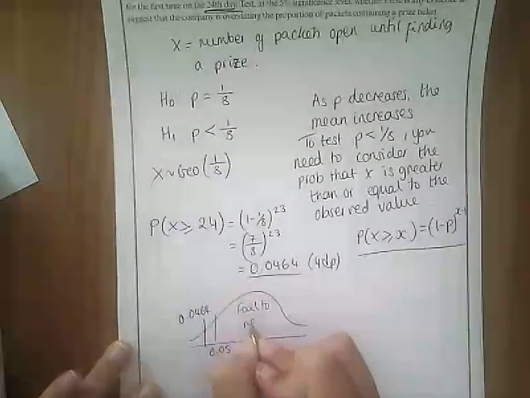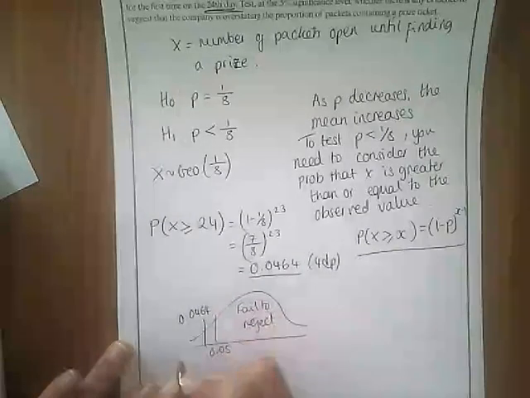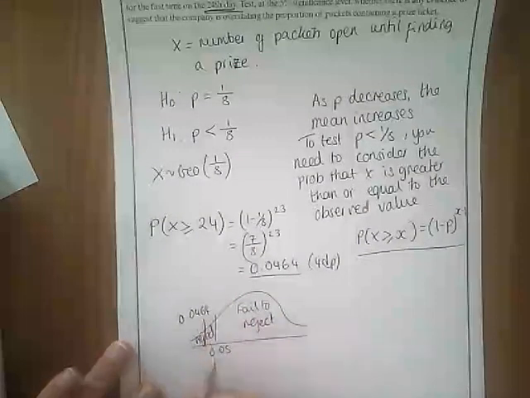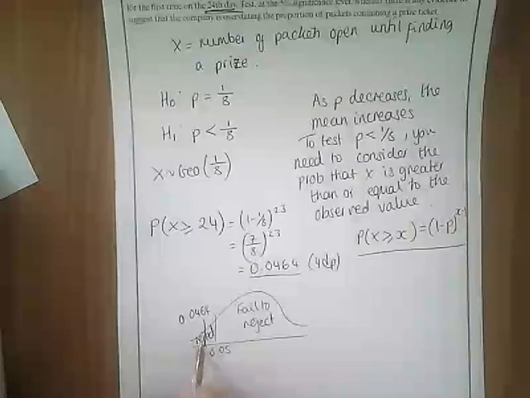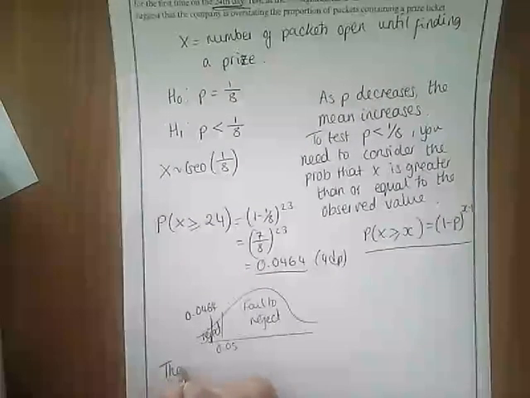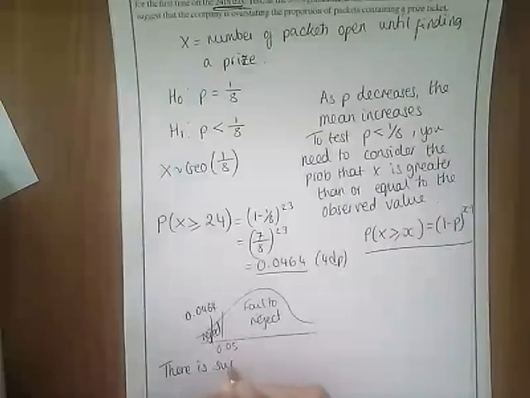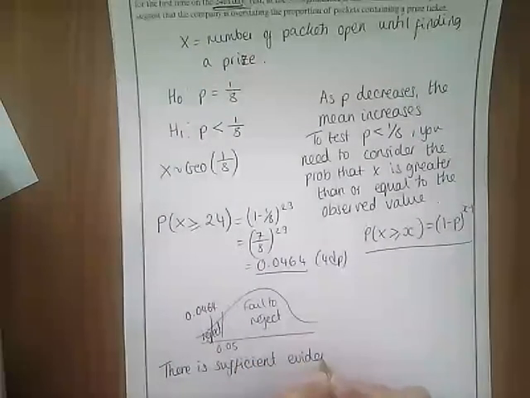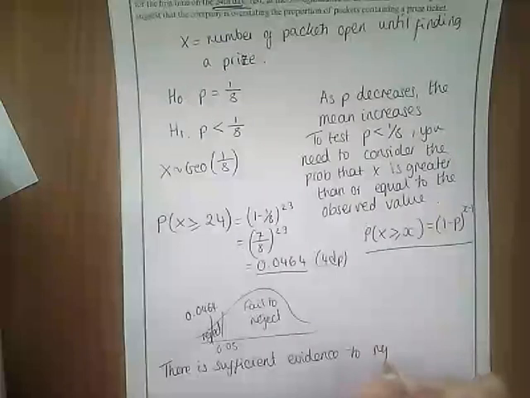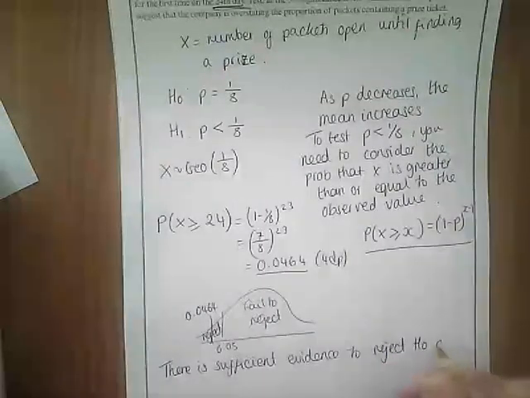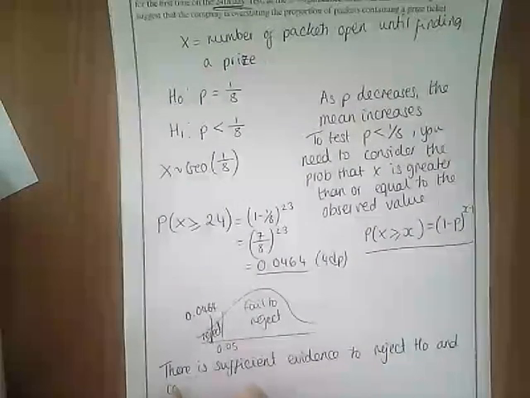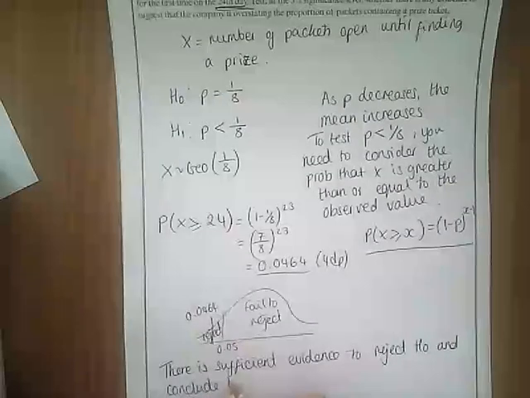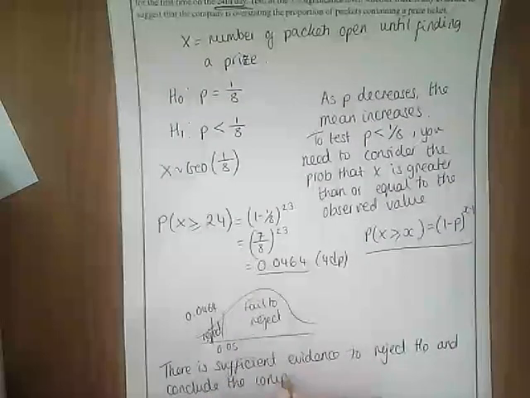You should be very familiar with hypothesis testing by now, but just to remind ourselves, this falls into the rejection zone, so we can say there is sufficient evidence to reject H0 and conclude, and then make sure you put it into context, because if you don't, you lose that last mark.